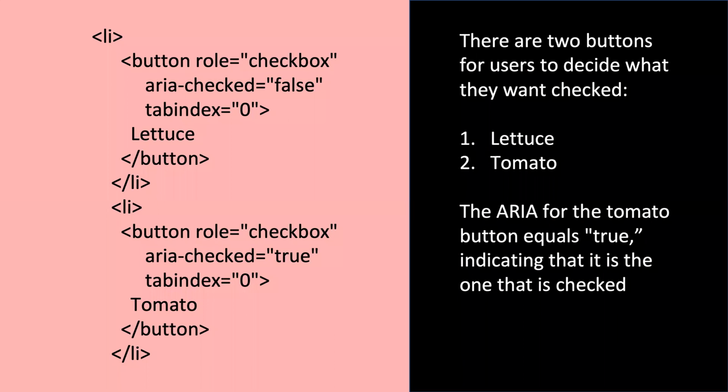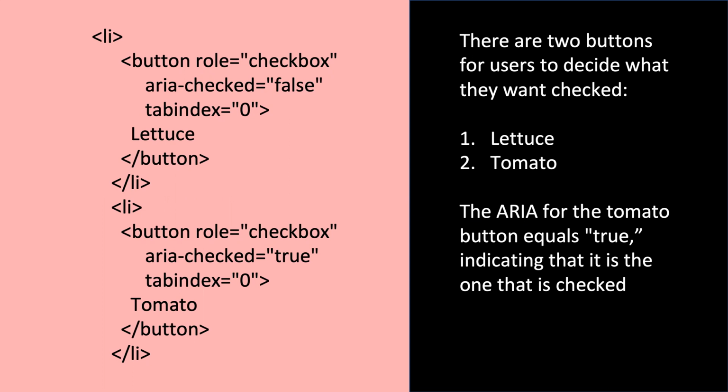The code on the left is an example of HTML button tags with ARIAs. The area on the right in black is a description of what is happening in the code. It is not the output. These are buttons to check because they have a role of checkbox. So as you can see where it says button at the top, the value is false when the ARIA has not been checked.